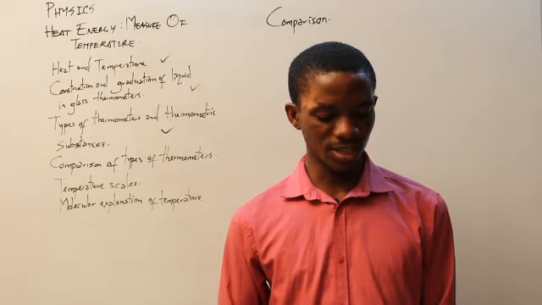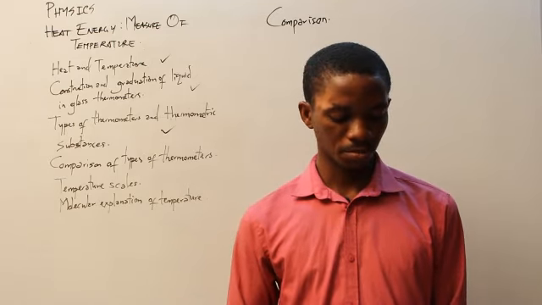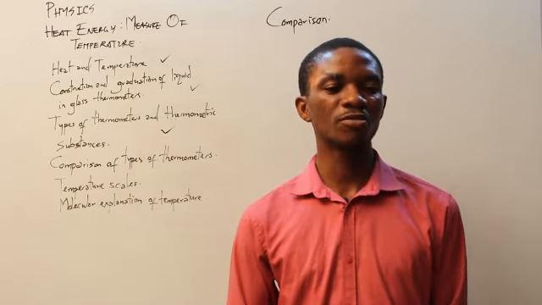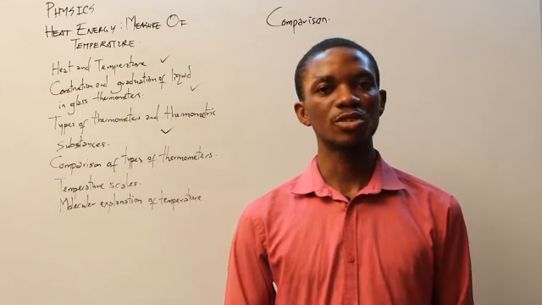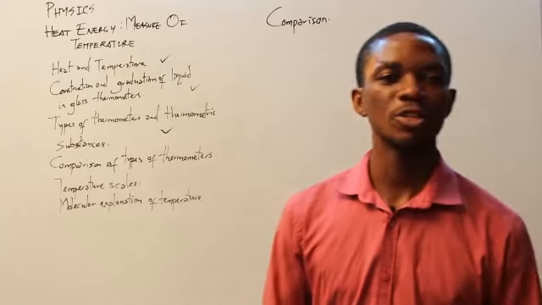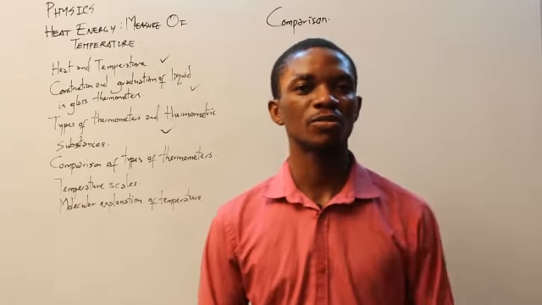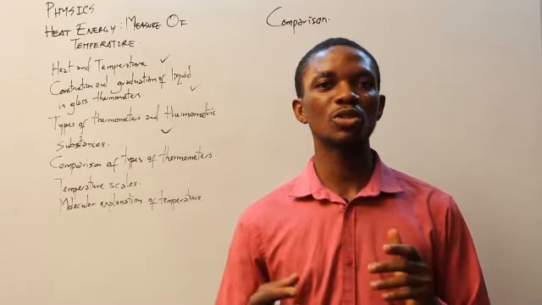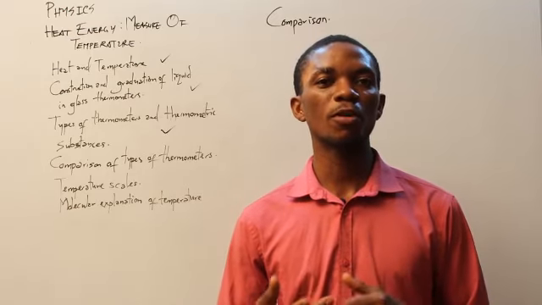Now, the disadvantage is the time involved. When you are trying to take temperature, the measurement might take a longer period of time. And you know, temperature changes happen abruptly.